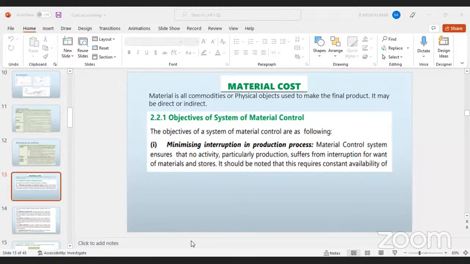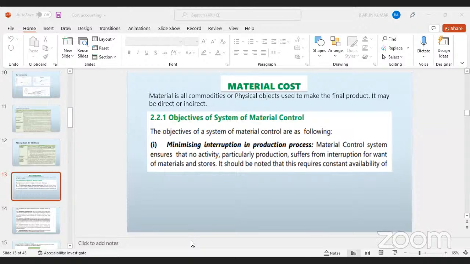Direct materials are those whose cost can be directly attributed to the end product, which we find in the final product based on what we incorporated. Indirect materials are those which are not directly identifiable to the final product. Indirect material means we cannot identify it through the final product.